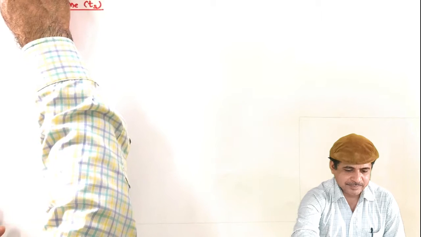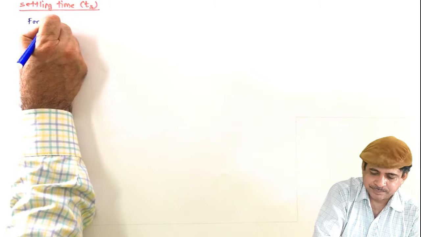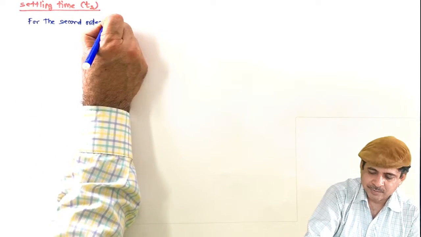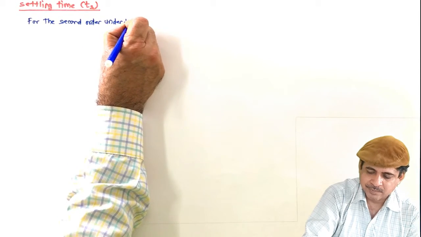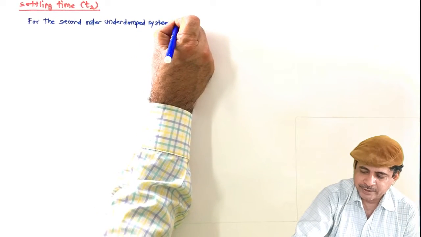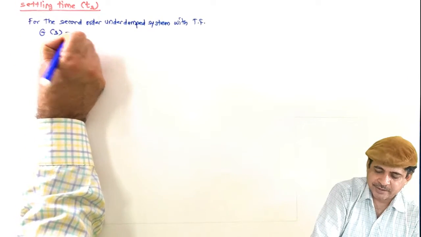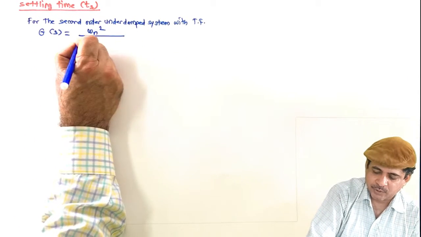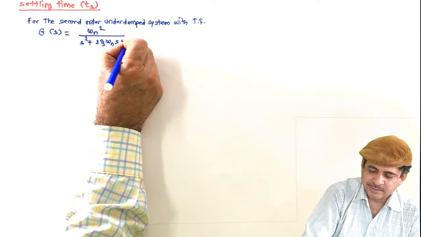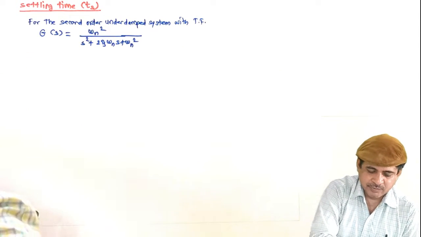And what we can see is that for the second order underdamped system with transfer function G(s) equal to omega n square upon s square plus 2 zeta omega n s plus omega n square, the equivalent time constant is 1 upon zeta omega n.